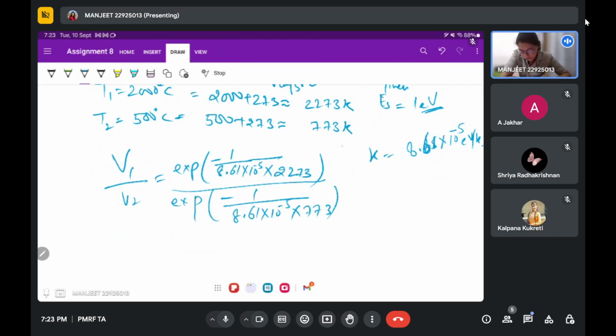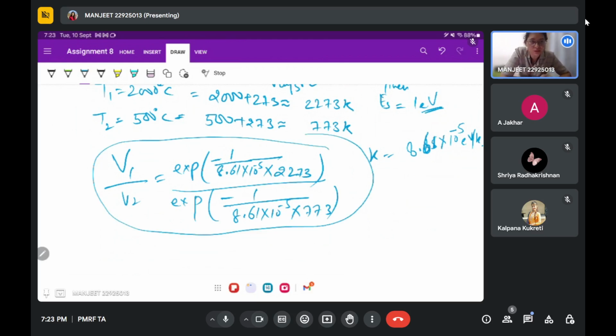We have already put the equation and you have to solve it. Once you solve it, you will find V1 by V2 is of the order of 10 raised to power 7, or around 3.